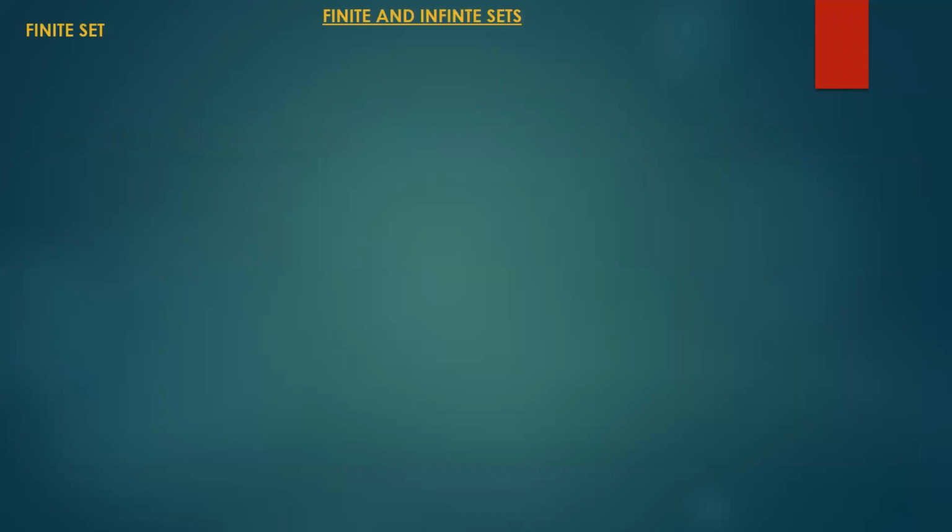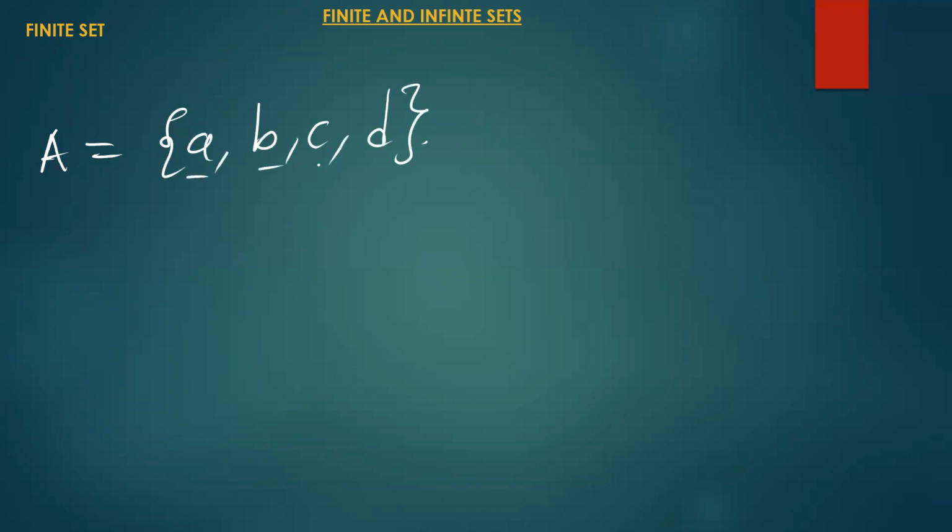Okay, so let's look at finite and infinite sets. A set is said to be finite when it has countable elements. If you are able to count the number of elements in a set, let's say set A has A, B, C, D, as long as you are able to count the elements, 1, 2, 3, 4, it means this one is called a finite set.